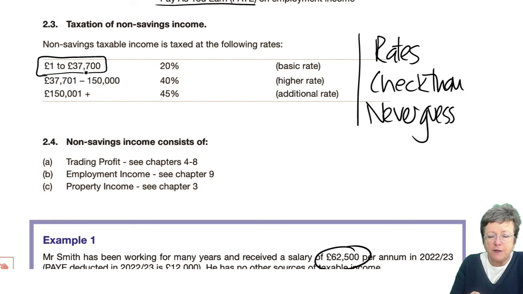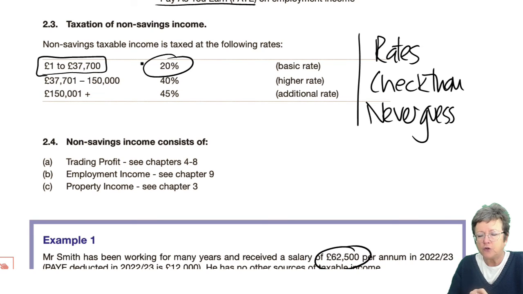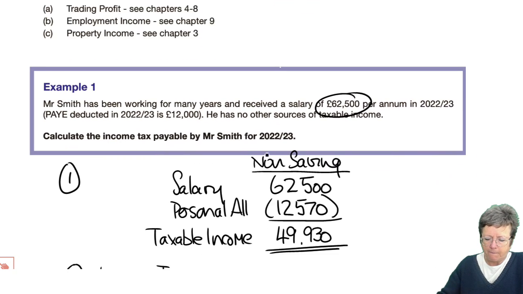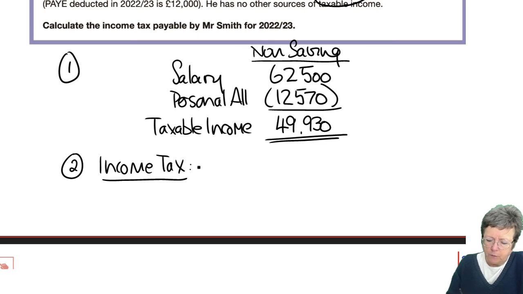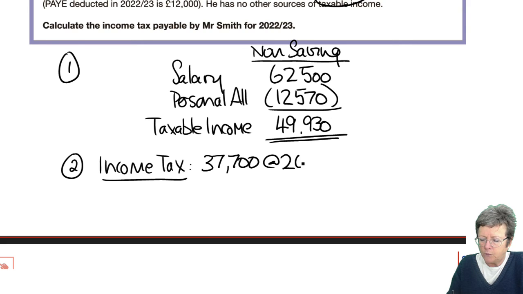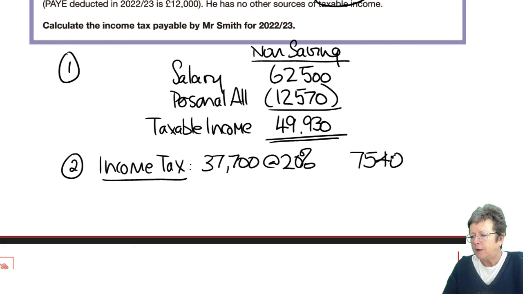The first 37,700 of your income is taxed at 20%. That's classed as basic rate. Okay, so up to 37,700, that's going to be taxed at 20%, which works out at £7,540.